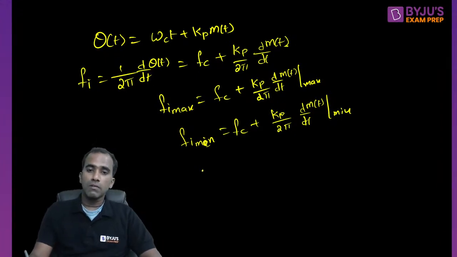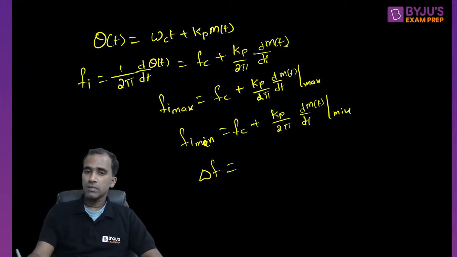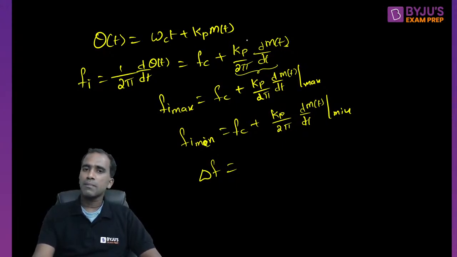Right. Now, one more thing that can be asked is frequency deviation, maximum frequency deviation. Frequency deviation is, this is constant, and this is the base frequency, and frequency deviation is happening because of this term. Maximum deviation happens, whatever part is responsible for frequency deviation, in that part, whatever is the maximum magnitude possible, that itself is the maximum frequency deviation.